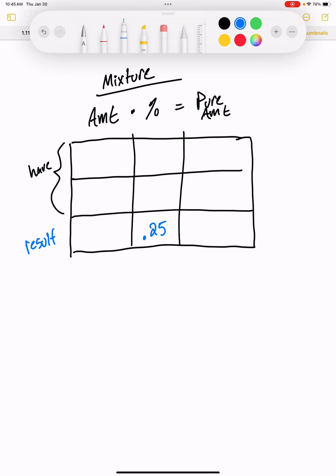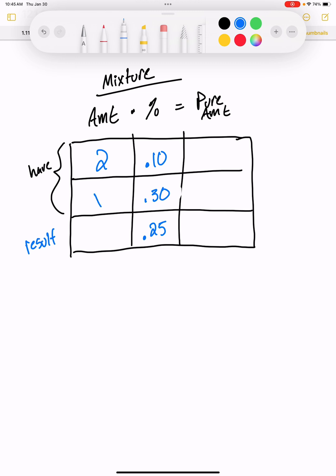Now, what do we have? Well, we have a 10% solution, 0.10, and we also have a 30% solution. So if 2 liters of a 10% vinegar solution, so we have 2 liters, is mixed with X liters of 30% vinegar solution.